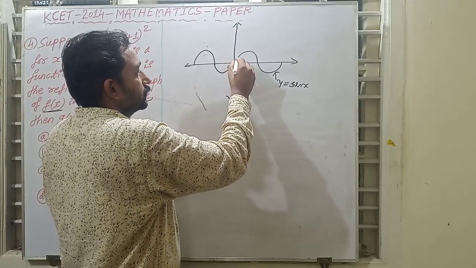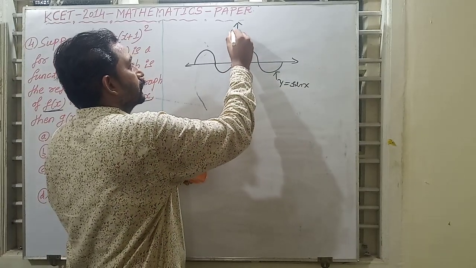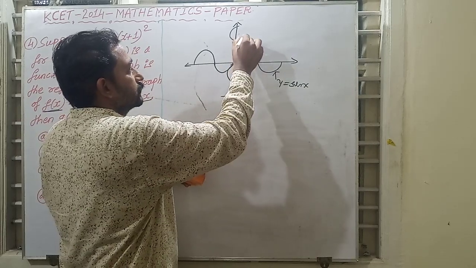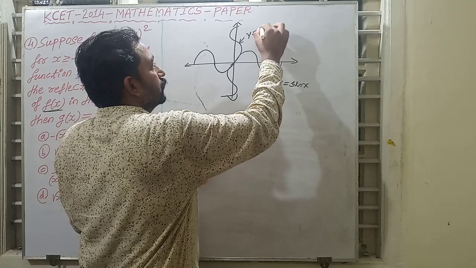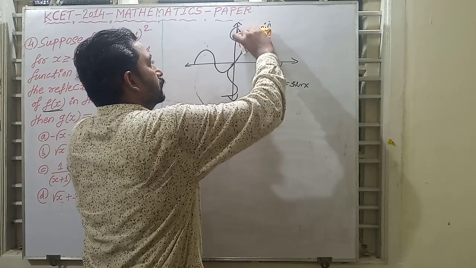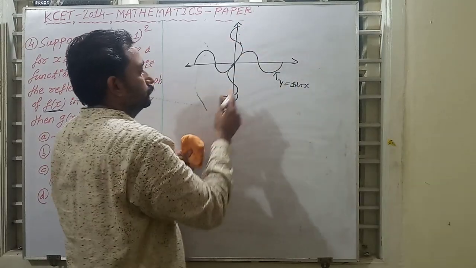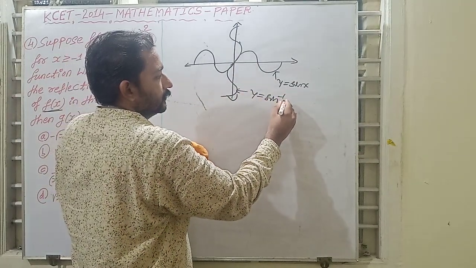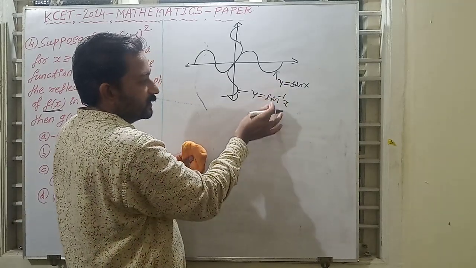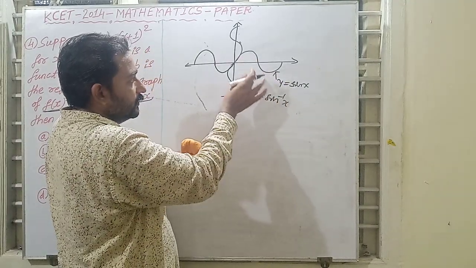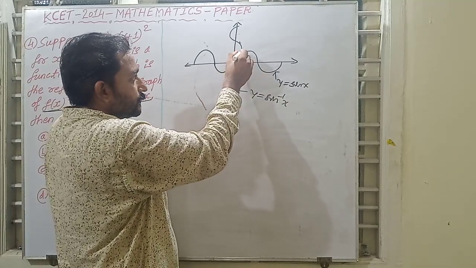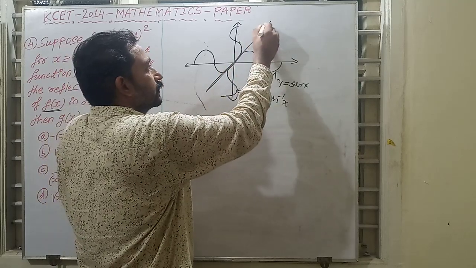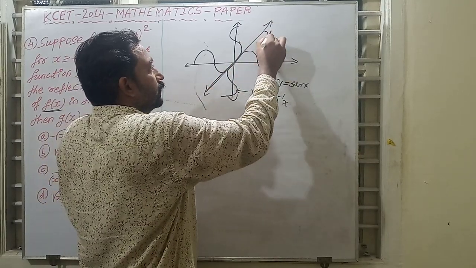So this is y is equal to sin inverse x. The inverse function of sin is sin inverse x. Both are reflections of each other with respect to the line passing through the origin, y is equal to x.